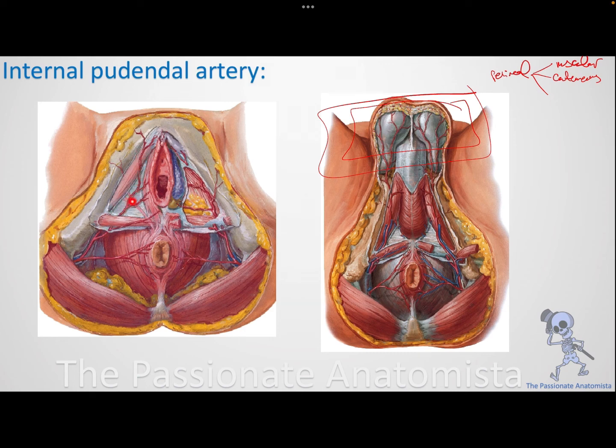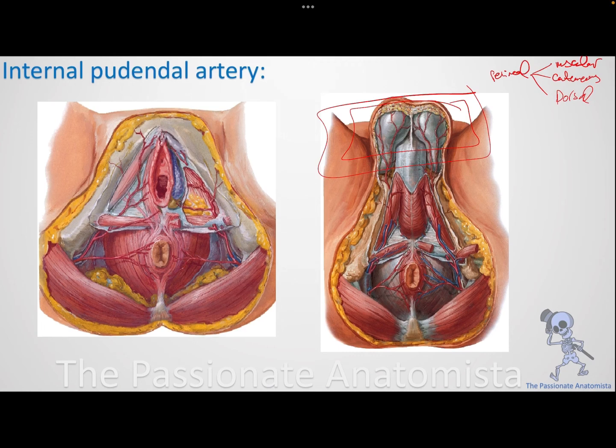And then this is the cutaneous, and then we have the dorsal artery of clitoris or penis, and we have the deep artery of clitoris or penis.